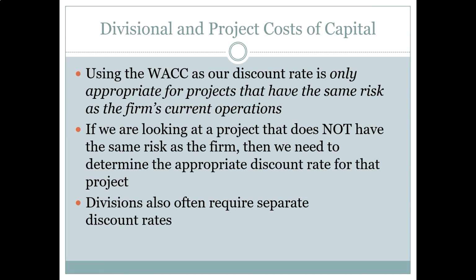Another way to say it is that the WACC is only the appropriate required rate of return for projects that have the average level of risk of the firm, the same risk as the firm's current operations. If we're looking at a project that doesn't have the same risk that the firm currently has, then we're going to have to make some adjustments to WACC to get an appropriate required rate of return for that project.